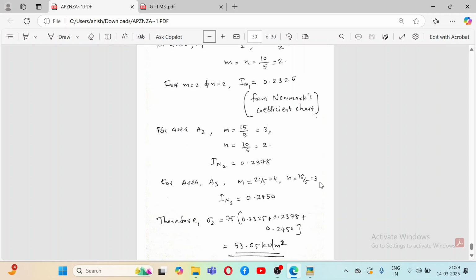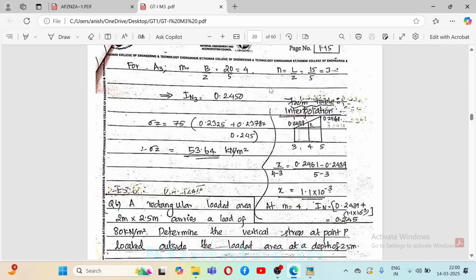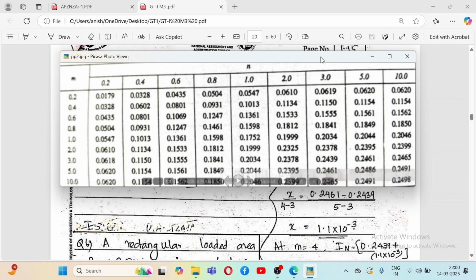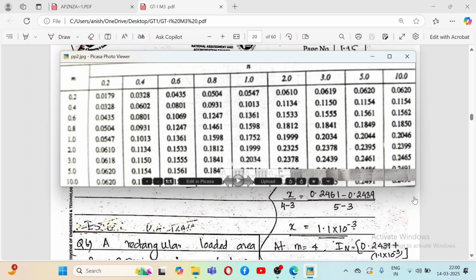So you have M and N, so corresponding 4 and 3. What do you get? So here if you see, M doesn't have the 4 value, right? But we have N value. So what do we do right now? We interpolate these values. I hope you have learned interpolation in maths. We check on the values what we have here.